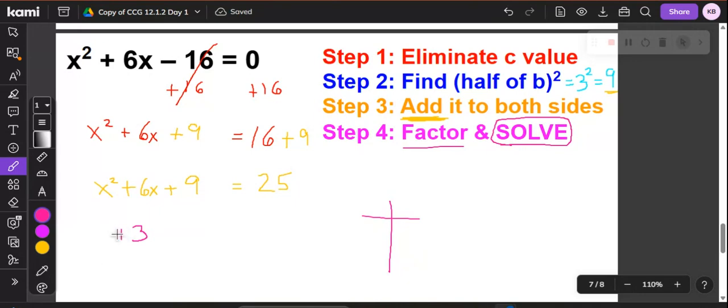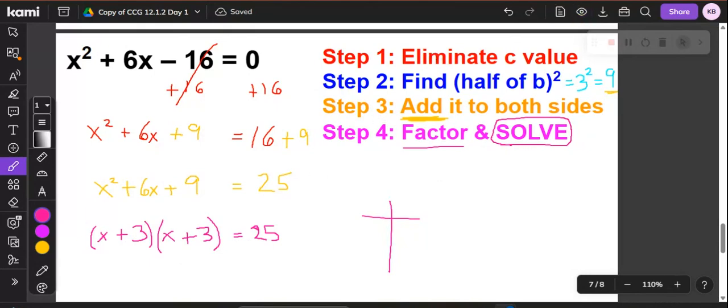So I could just write this as x plus 3 times x plus 3. And it still equals 25. And again, if you wanted to, you could go through the t-table here and find factors of 9 which add up to be 6. Well, you just get your 3 and your 3 from the t-table.